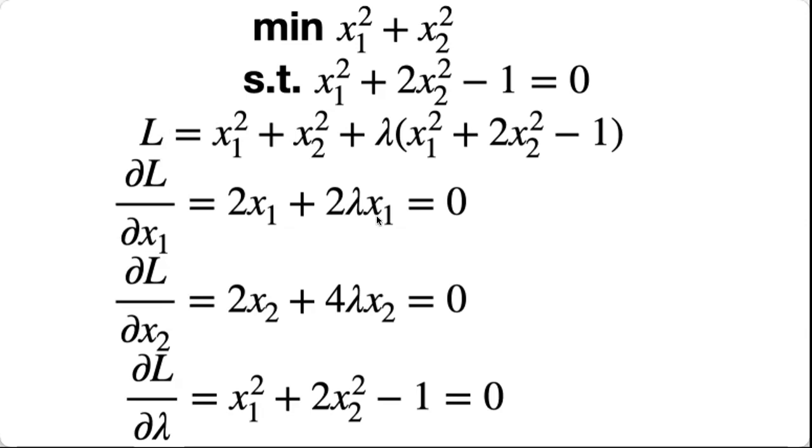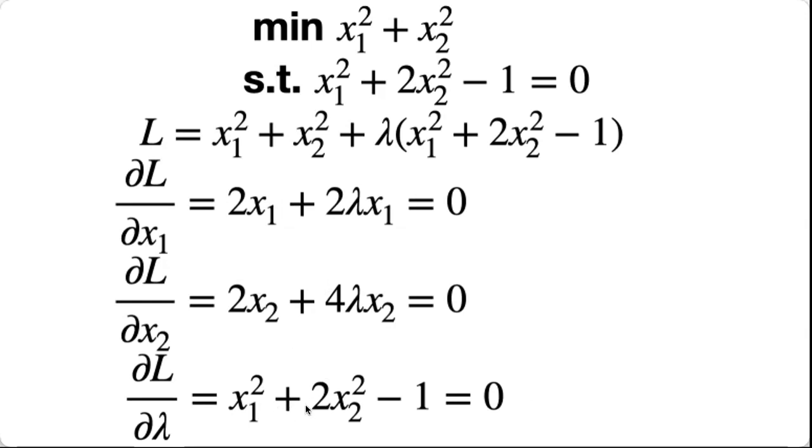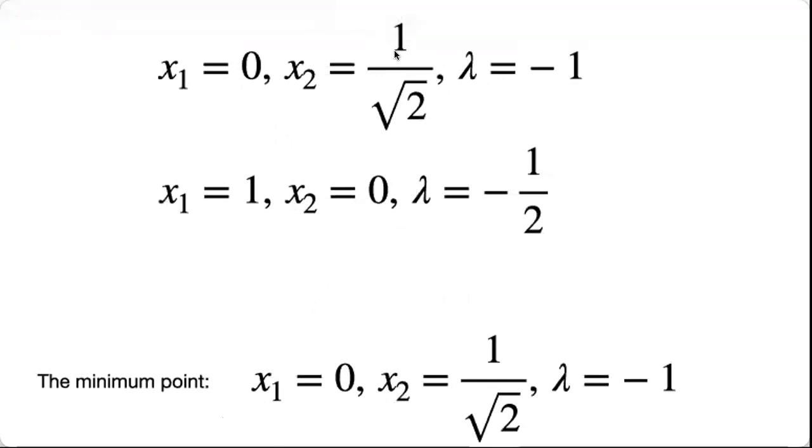In the case where x1 is 0, then clearly x2 is 1 over root 2, and lambda is -1.